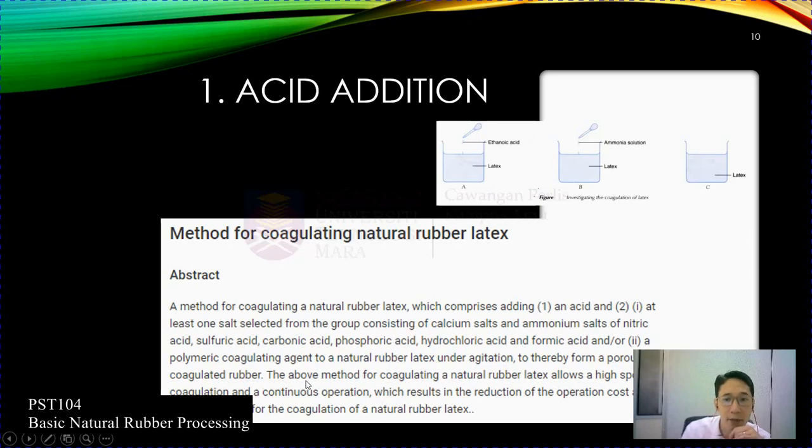The above method allows high-speed coagulation and continuous operation, which results in reductions in the operation cost and equipment cost for the coagulation of natural rubber latex.